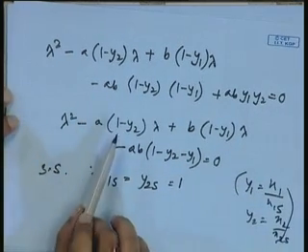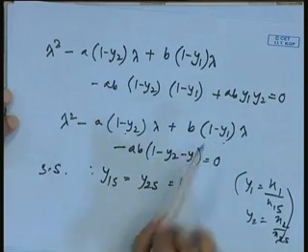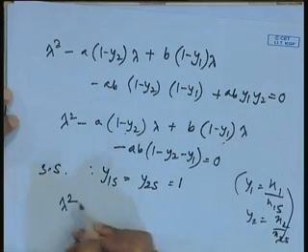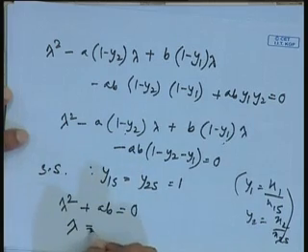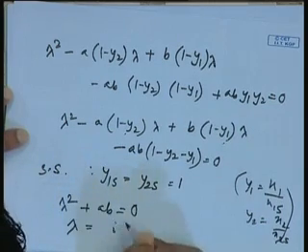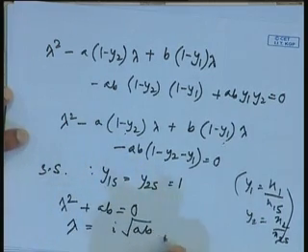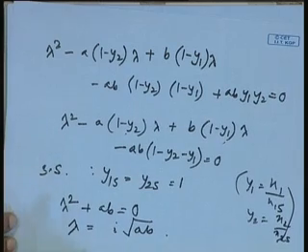So if I put 1 over here, this term vanishes, this term vanishes, and what I have is lambda square plus AB equals 0, or in other words lambda equals plus minus i times square root of AB. So this is my answer.